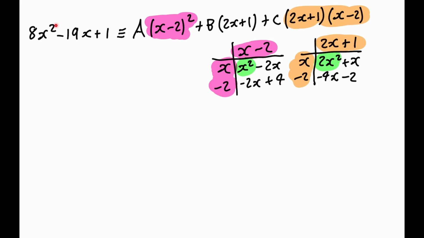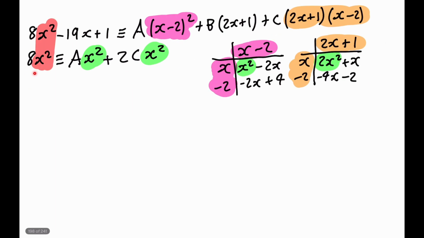On the left-hand side, you see it's 8x squared. On the right-hand side, I expanded out just to see how it looks, but you don't have to do this whole step. You just know that x times x, because this is squared, is going to be x squared, so the term would be ax squared for this one. You can ignore every other term because we're just comparing coefficients of the x squared term.